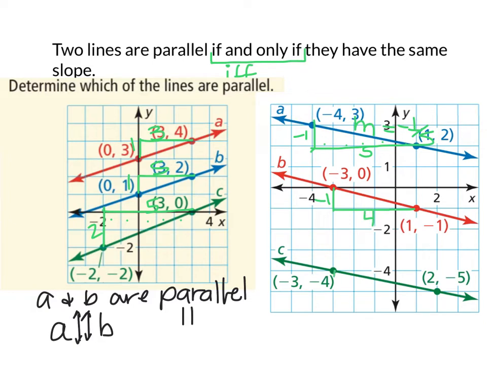And then C is down 1 and over 5. So we also have a slope of negative 1/5. So A and C are parallel.